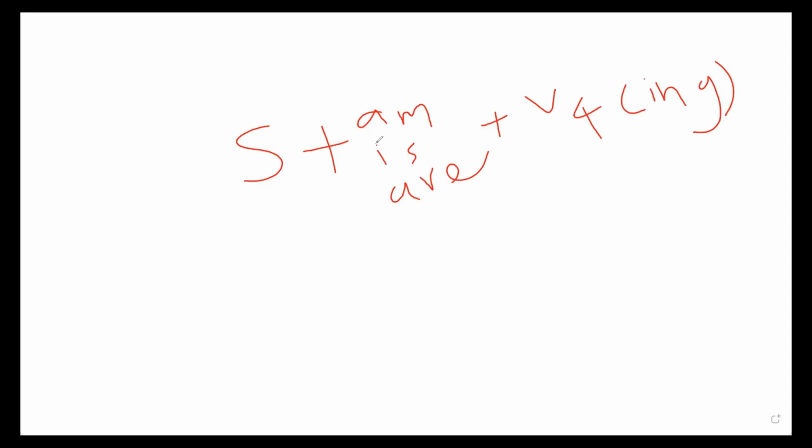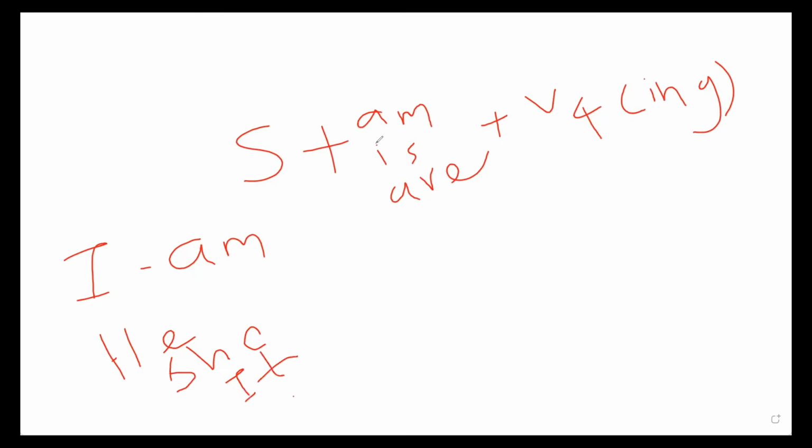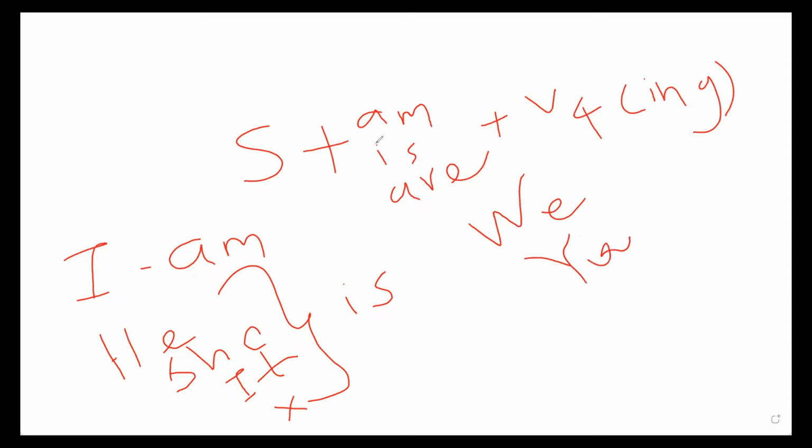If the subject is I, we must use the auxiliary verb am. If the subject is he, she, it, we use is. If the subject is we, you, they, or plural, we must use the auxiliary verb are. Are you clear?